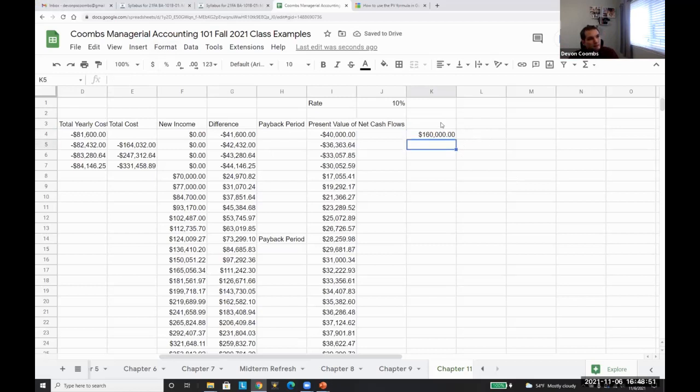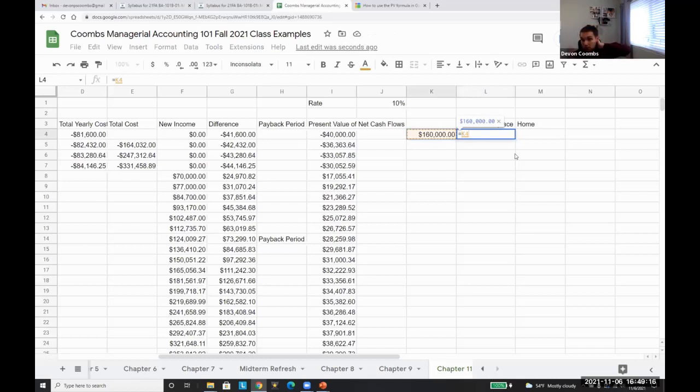We could either use that $160,000 to go to college, and we've calculated the present value of going to college here. We can use that $160,000 to invest in the marketplace, or we can use that to buy a home. If we invest in the marketplace, we know the growth is going to be 10%, 10%, 10%.